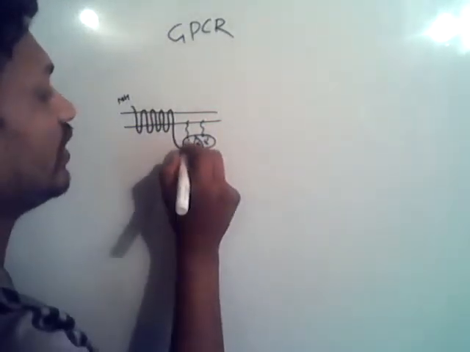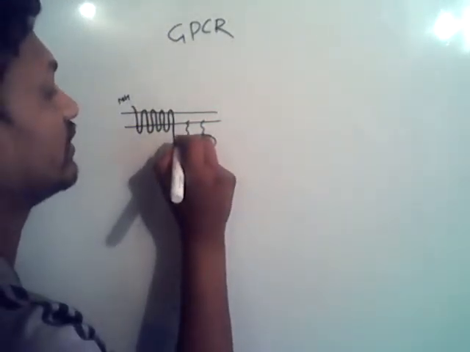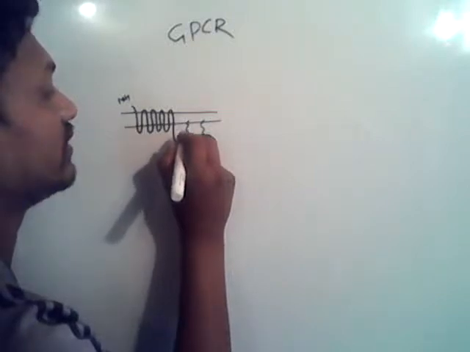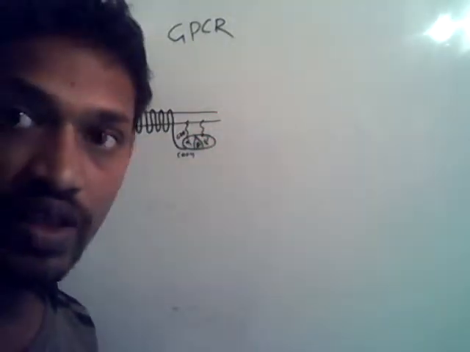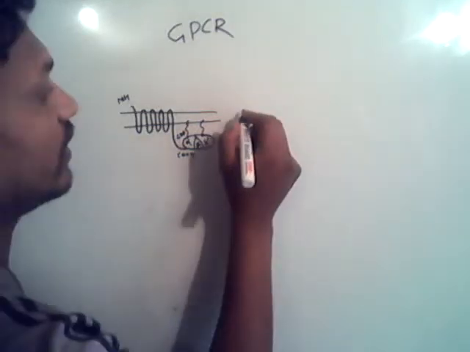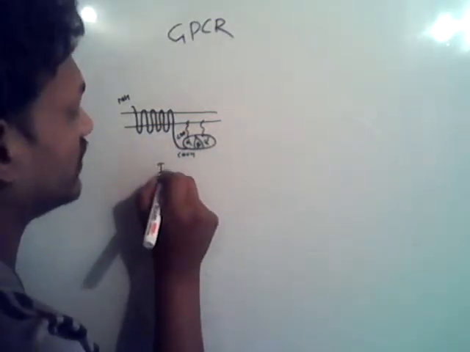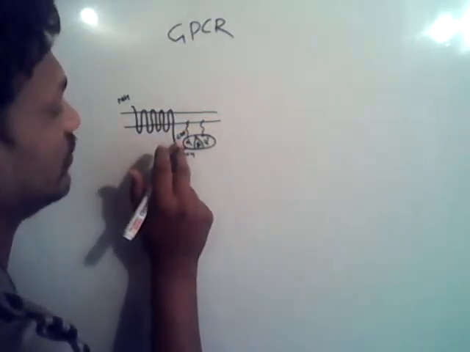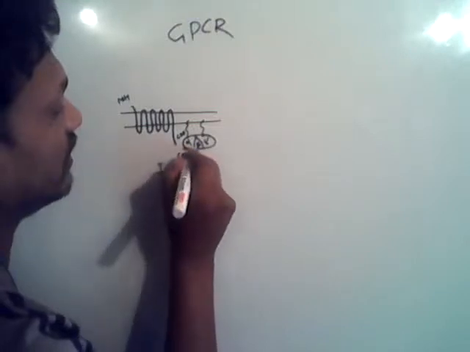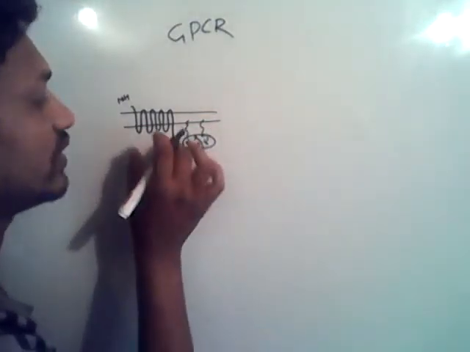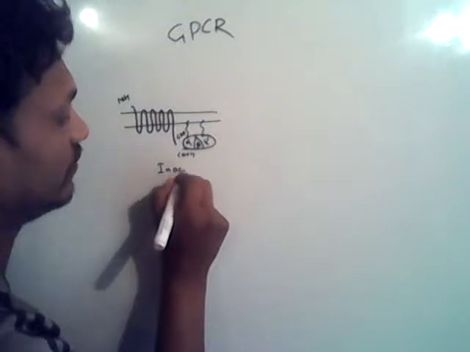The alpha subunit contains GDP. When, for example, this is an inactive form of the receptor. Okay, this is inactive. It is an isolated protein in this membrane, inactive.